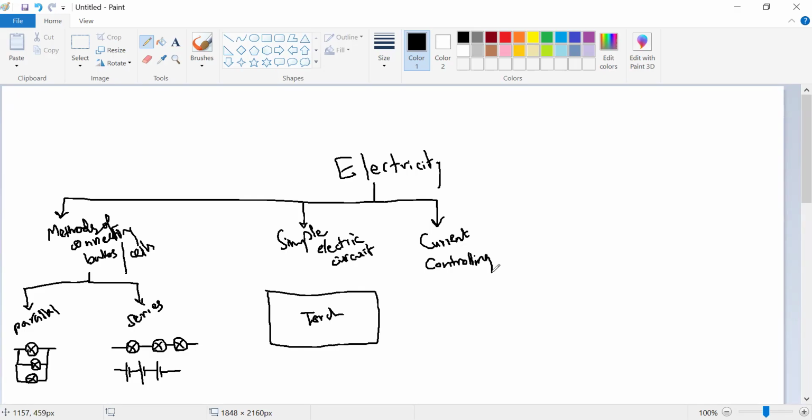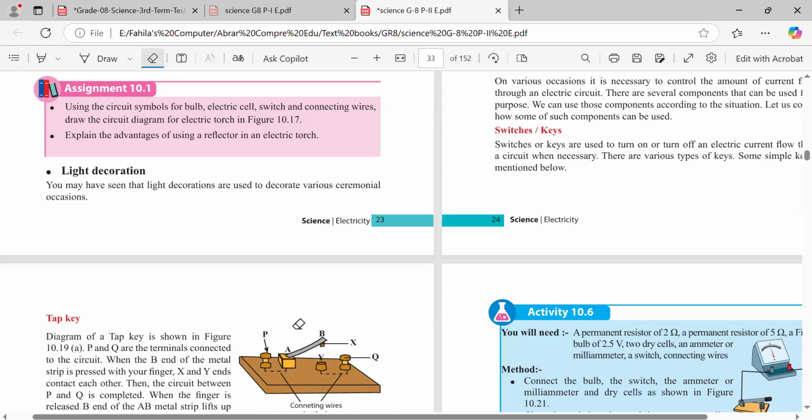If you want to slow it down, how do you slow it down? If you want to make it fast, how do you make it fast? So current controlling components, you can use a what? Switch. You can basically use a switch, right? And then Putha, once we get disconnected, please rejoin with the same link.